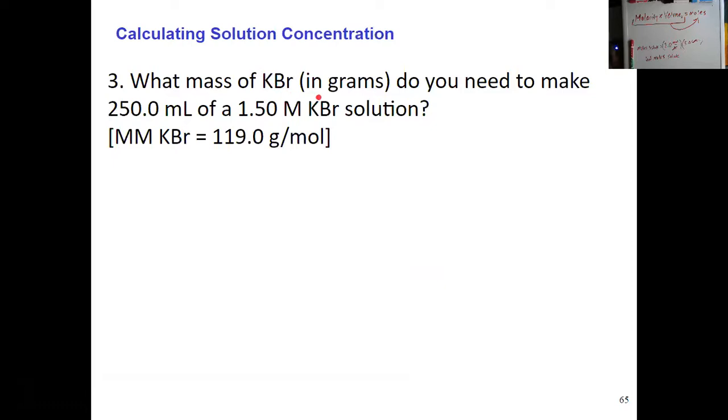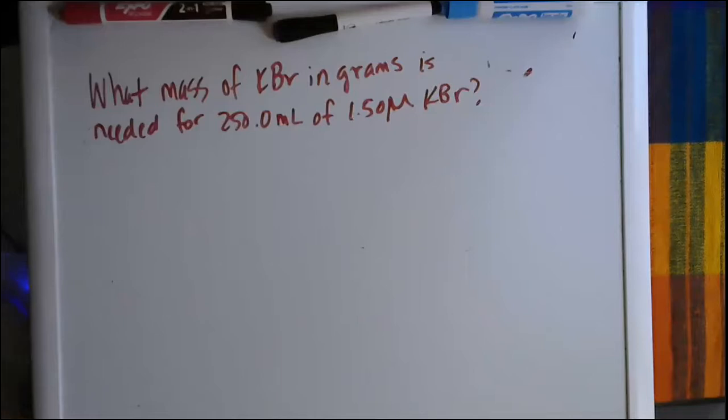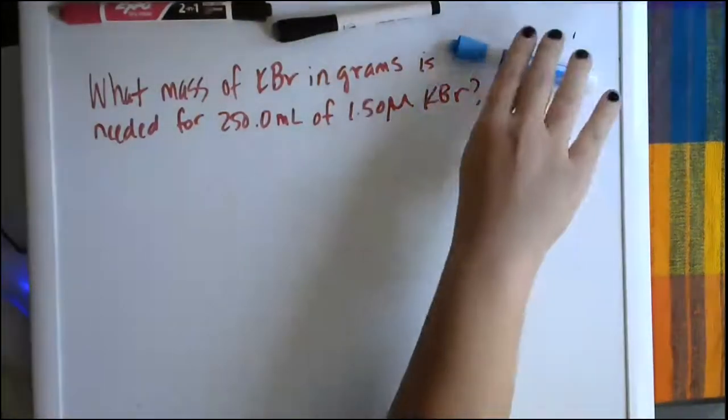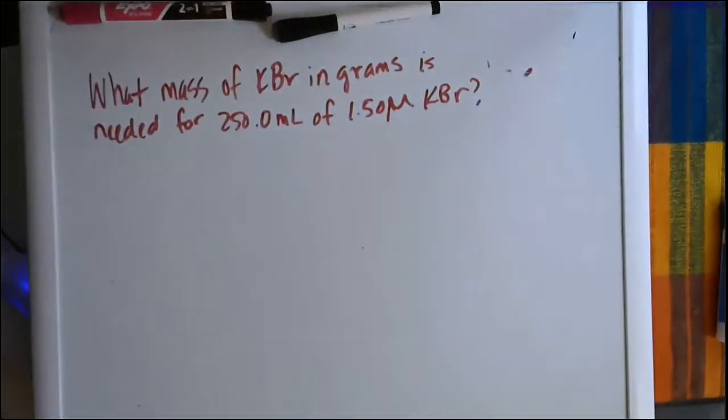Now we're going to look at another. I think we have 2 more examples of this. This one I think I'm going to have to do on my whiteboard though. So now we're going to look for the mass of the KBr in grams that we need to make 250 milliliters of a 1.5 molar KBr solution.